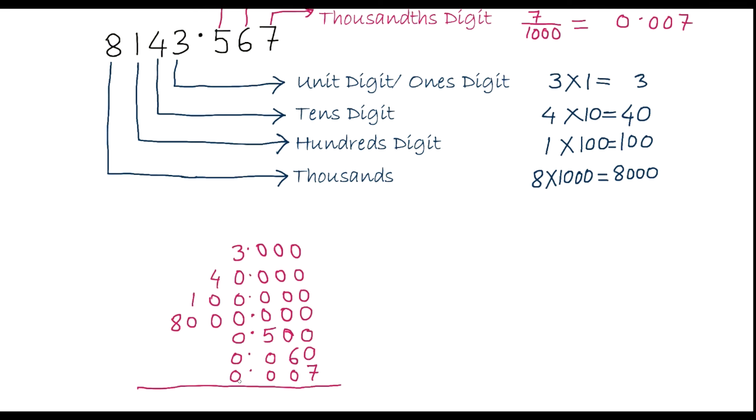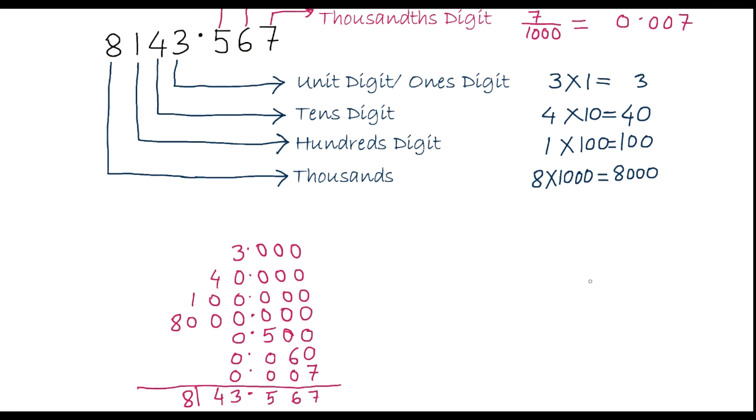Now you add, and you will get 7, 6, 5, point. As you see here, we have to put the points in line. Then we have 3, 4, 1, 8. So our answer is 8143.567, as we have here.